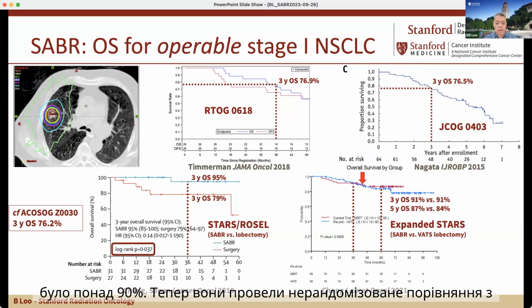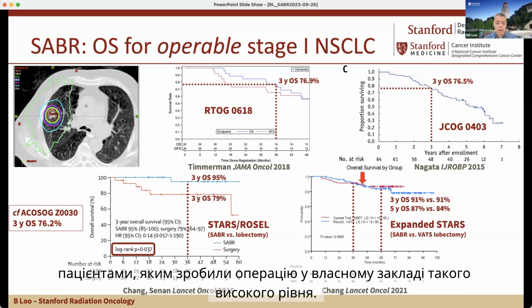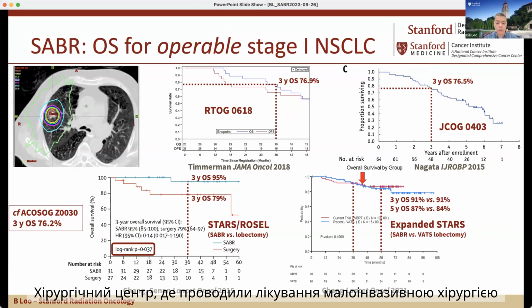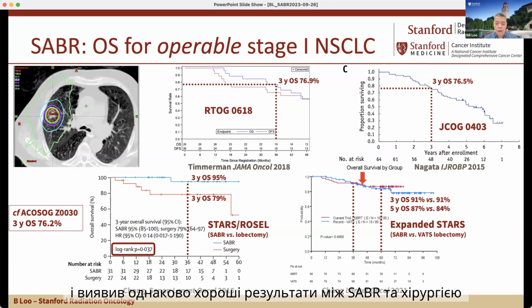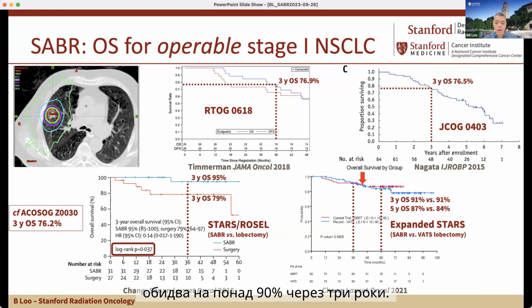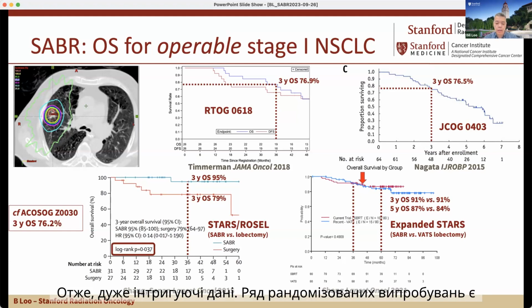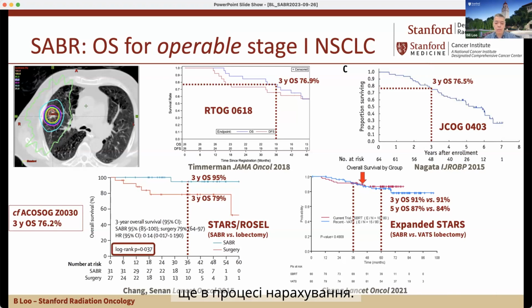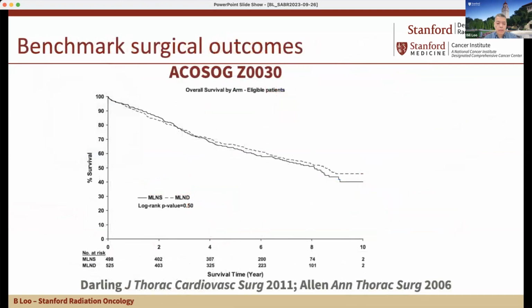Now, they did a non-randomized comparison with patients who had surgery at their own institution, so a highly expert surgical center treating with minimally invasive surgery, and found equally good results between SABR and surgery, both at over 90% at 3 years. So very intriguing data. A number of randomized trials are still in the process of accruing.